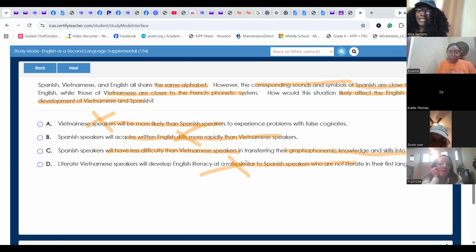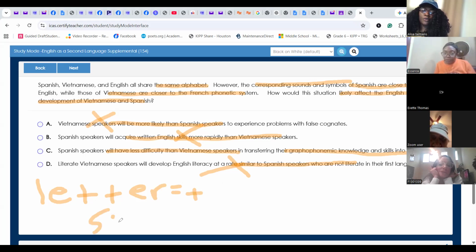Spanish speakers will have less difficulty than Vietnamese speakers in transferring their graphophonemic skills. So graph means the actual letter that's written out, and phonemic means sounds. So putting it together, this is a fancy word for phonics, right? Letters plus sounds. When you are using the actual letter plus the sounds, that is phonics.